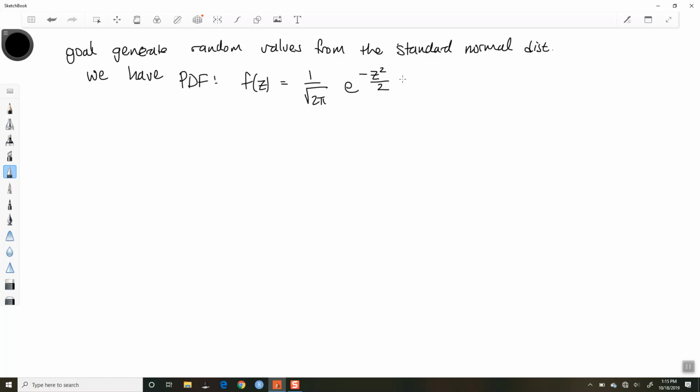We have this PDF, and we can't do inverse CDF because we can't figure out the CDF. Inverse CDF is a great method, but we can't do it because we can't figure out the CDF.